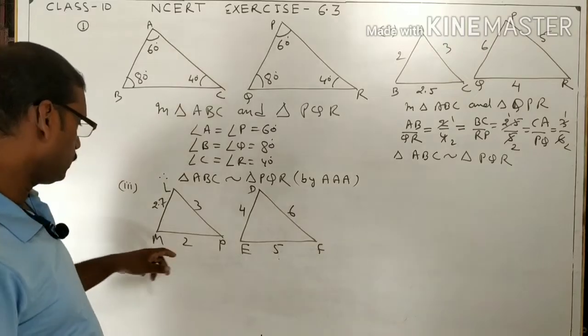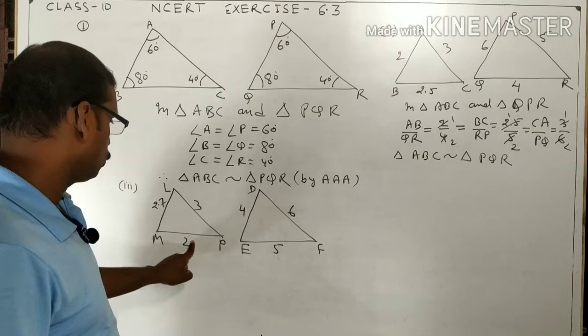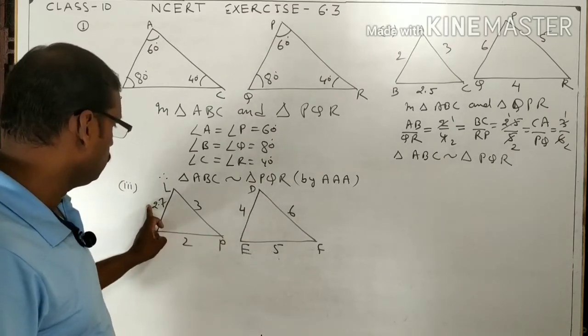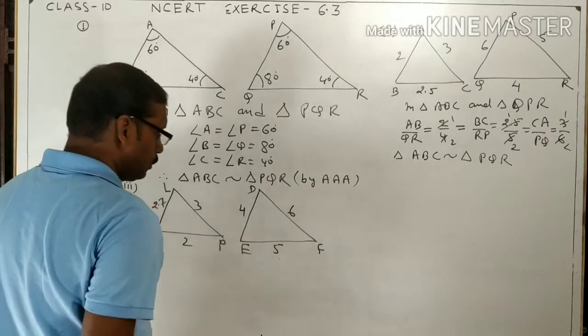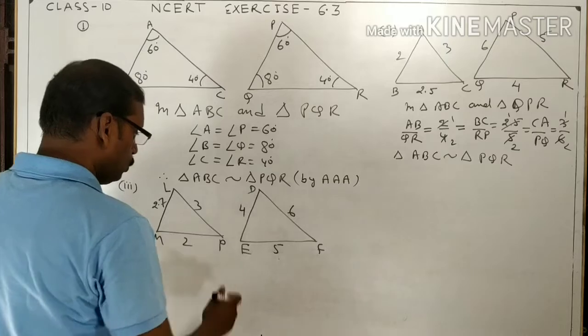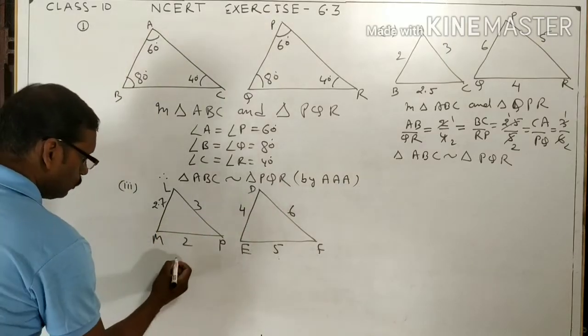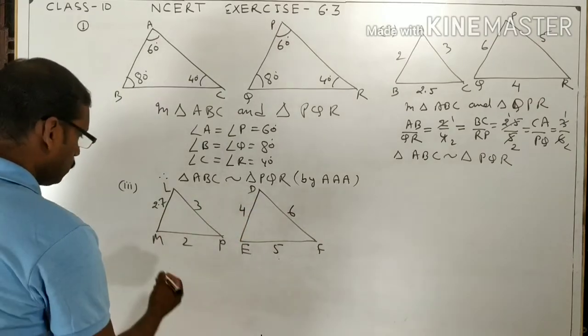So here we see that 2 to 4 and 3 to 6 are 1 by 2, and then 2.7 and 5. If we take the ratio of 2.7 and 5, then it is not equal to 2 by 4 and 3 by 6. So these triangles are not similar.